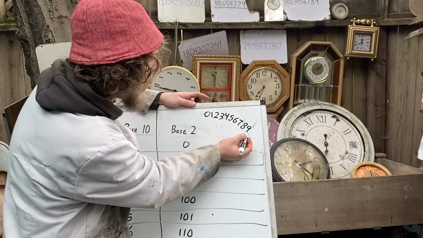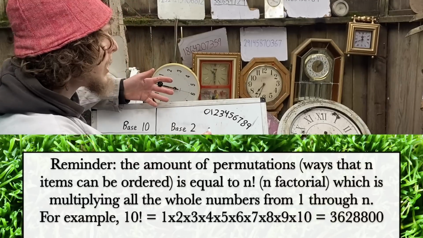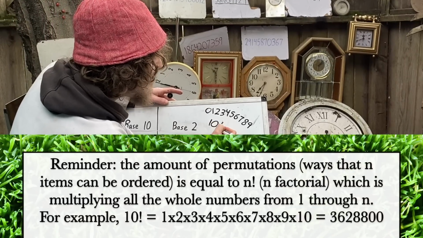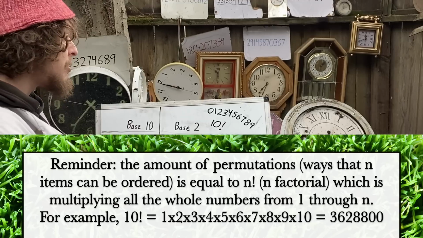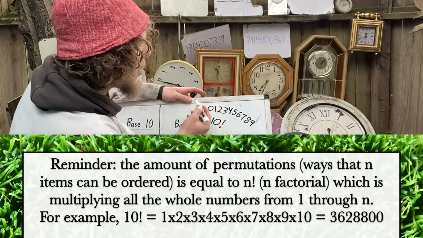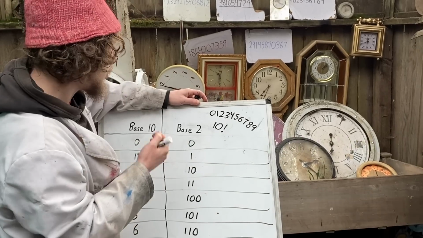So we should expect that the total amount of permutations of these 10 things, which is the number 10 factorial, somewhere in the 3 millions, to be the total amount of minimal pandigitals in our base.